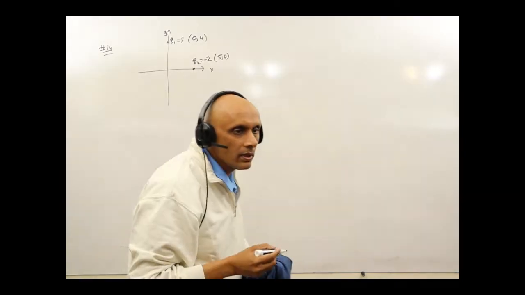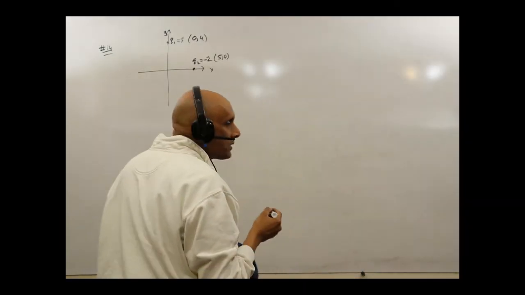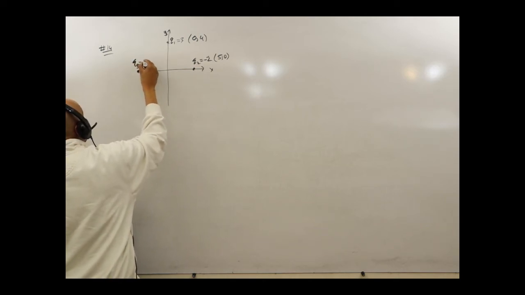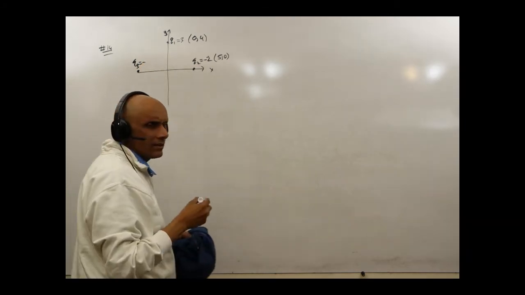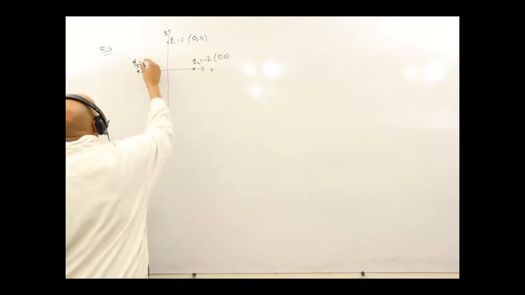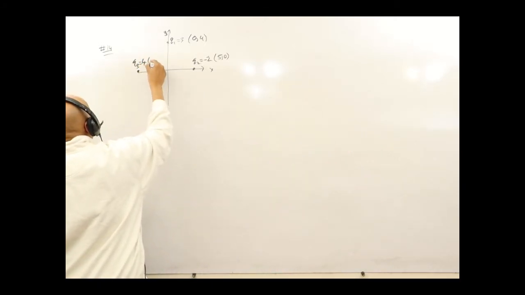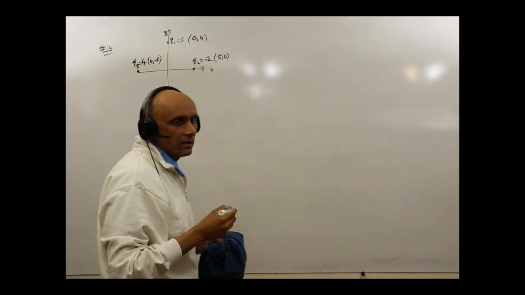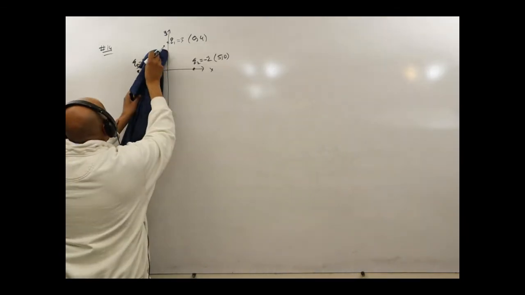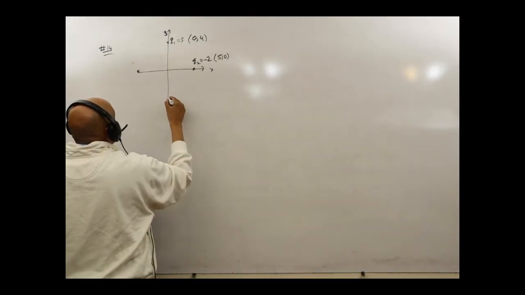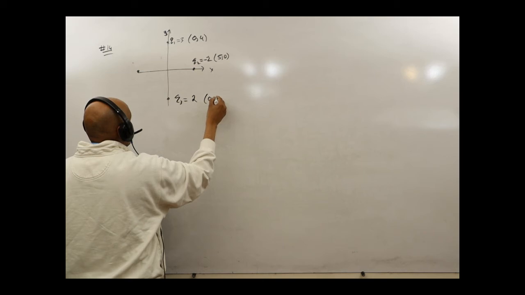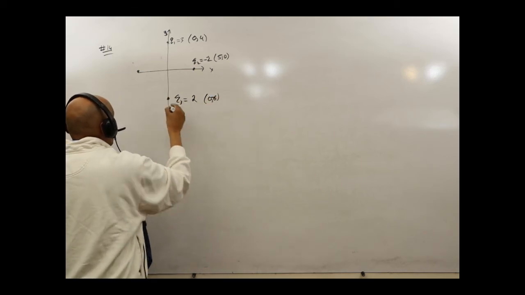And then Q3 is 4 coulombs at (0, -6). So this is Q3, and it's located at 0 and negative 6, somewhere down below.